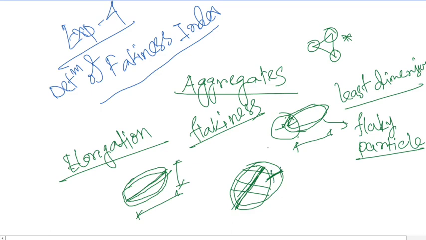So in all cases, if this maximum dimension is greater than the usual or average dimension of this particle, we will say this particle is an elongated particle.